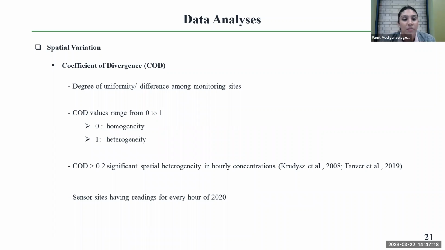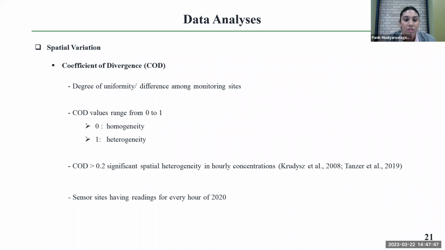Okay, so the next part of the analysis was to look at spatial variation. For this, we calculated the coefficient of divergence. This tells you whether there's a significant difference among the concentrations from site to site. We're comparing site pairs, and the COD value computed can range from 0 to 1, 0 indicating that there's not much of a difference between the concentrations, and 1 indicating extreme differences.